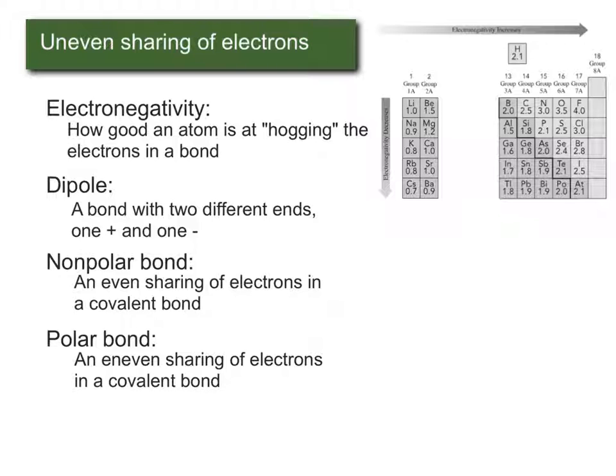So for our sake in this class, what we're going to assume is that unless I tell you otherwise, if the two atoms in the bond are different, then you can automatically assume that it's going to be a polar bond. Whereas if you have two atoms that are the same, then you would assume it's a nonpolar bond, because if the atoms are the same, the electronegativity for each of them is going to have to be the same.